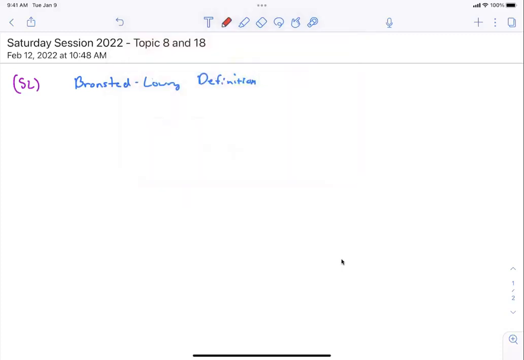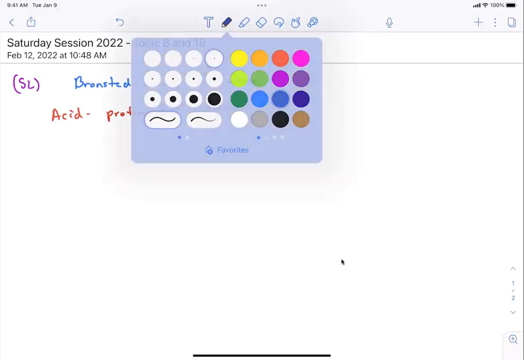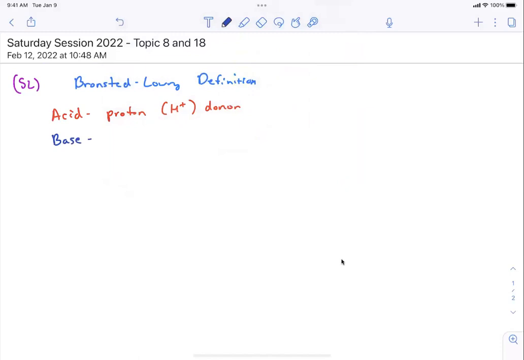Okay. And so we have a Bronsted-Lowry acid that's defined as a proton or an H plus donor, and a base that is a proton or H plus acceptor.